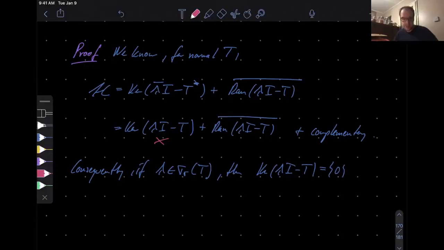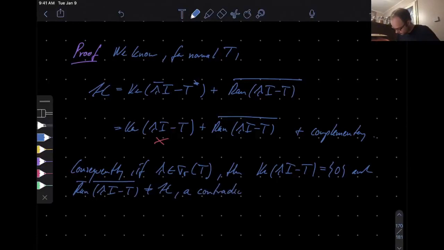But also in the residual spectrum, the range is not dense, and then you have a big contradiction to this equation here. All right, the range of lambda I minus T not dense. A contradiction. Thus, sigma_r(T) is empty.